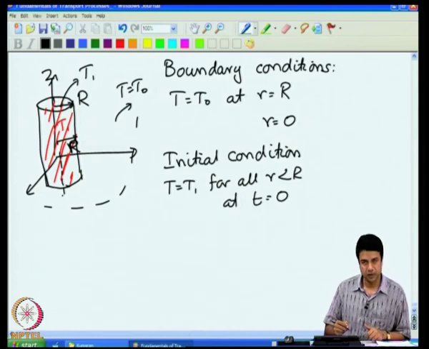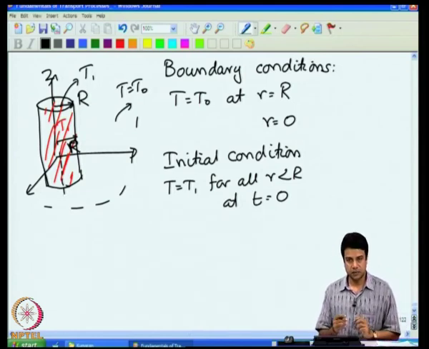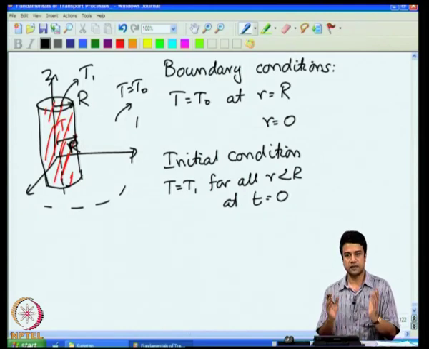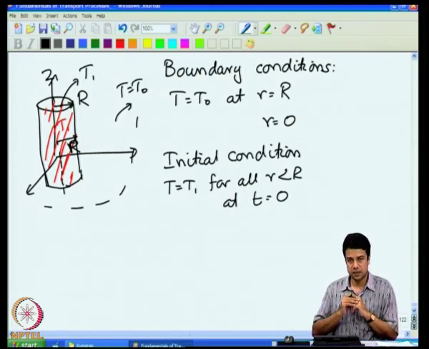So, if I have a cylinder with a central axis, I have one boundary condition on the surface of the cylinder, r is equal to capital R, but how about the boundary condition at the central axis of the cylinder? This is not really a boundary. There is no boundary between the domain and some external region at r is equal to 0.